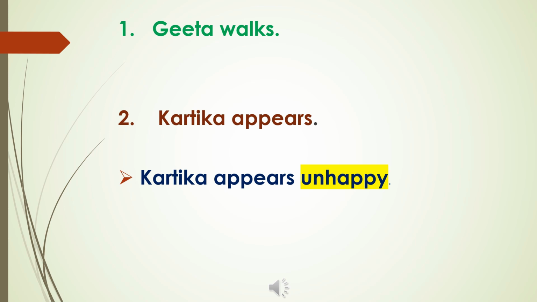The verb appears is an intransitive verb of incomplete predication. So, when we add the word unhappy, Kartika appears unhappy, the sentence is complete in itself. Here, unhappy is the complement we added with the intransitive verb appears.